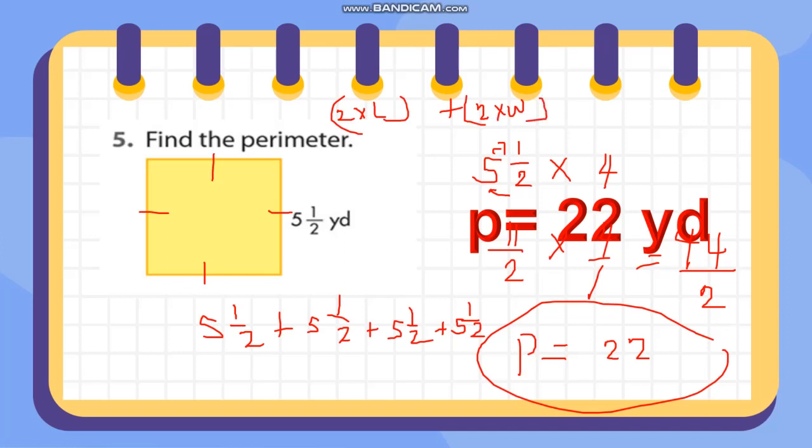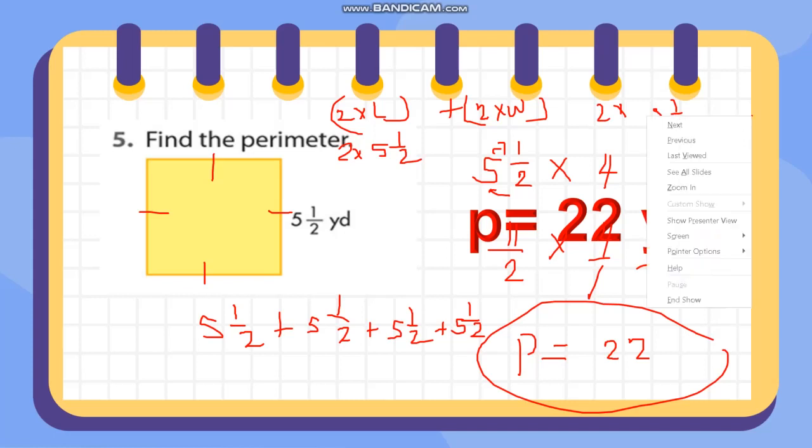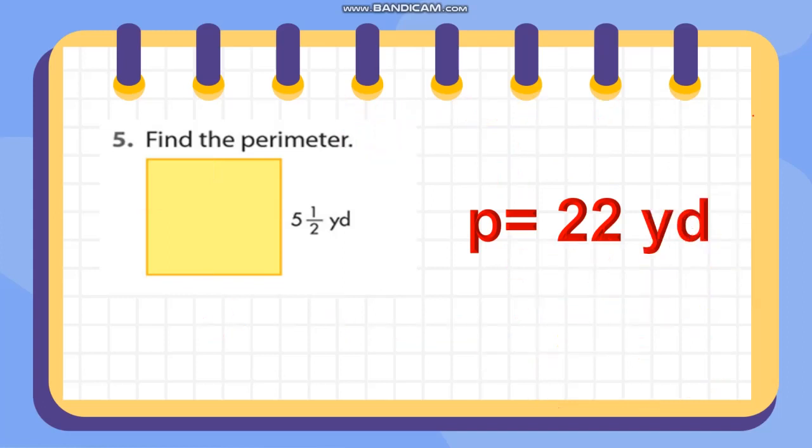So 2 multiplied by 5 1/2, then the same thing, 2 multiplied by 5 1/2, so that is 11, another 11. When you add 11 plus 11, it's the same answer. We got 22 as the perimeter.